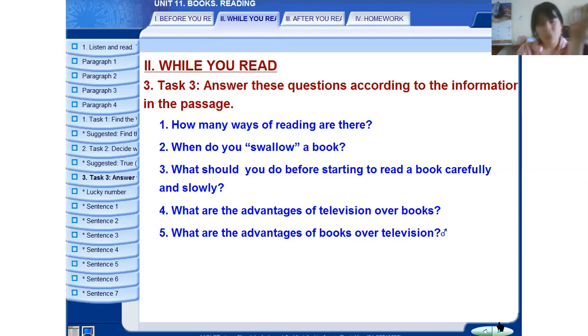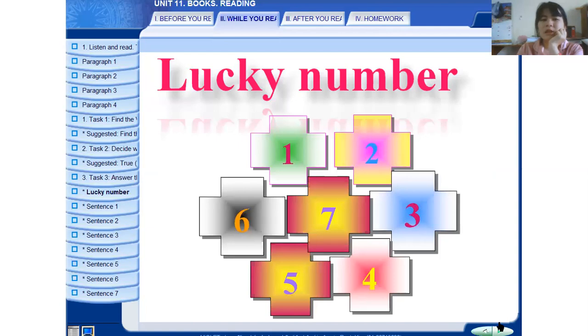You can do the exercise by playing a game. The game is Lucky Number. I have two lucky numbers and 5 questions labeled from 1 to 7. If you choose a number with a question, you have to answer it, and you get 10 points if your answer is correct.